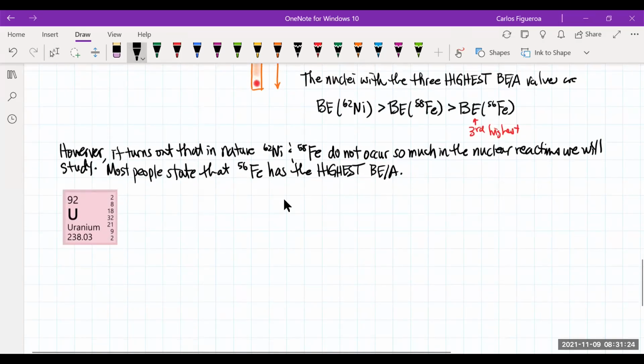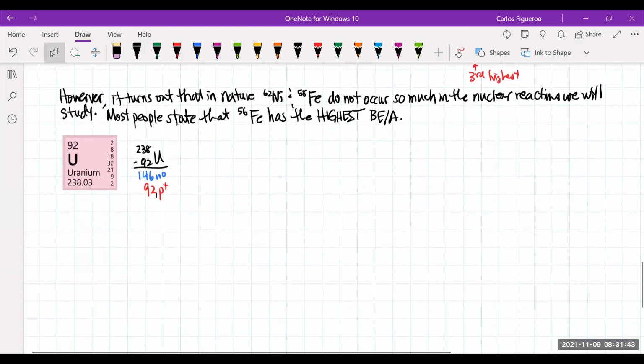Well, the numbers tell us this is uranium 238, 92. And when I look at this, this tells me this has 146 neutrons. This has 92 protons. So this guy really has a lot of stuff in there.